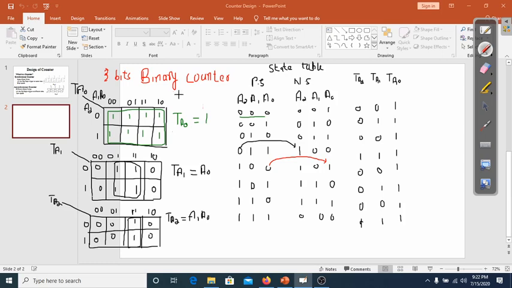These are the simplified expressions for the inputs of the flip-flops. Now let me draw the counter.